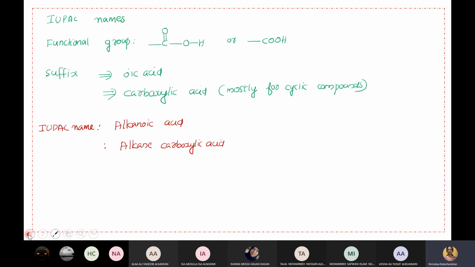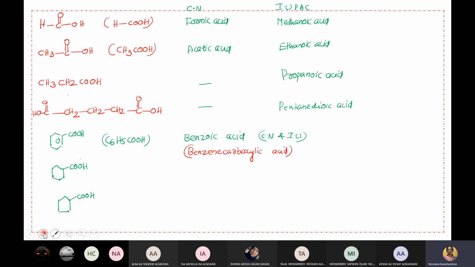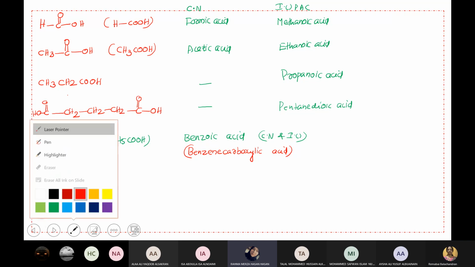I told you, mostly for cyclic compounds, we use carboxylic acid instead of alkanoic acid. So in that case, what is the name here? Benzene carboxylic acid. So this also is cyclic. Tell me the name. Cyclohexane carboxylic acid.